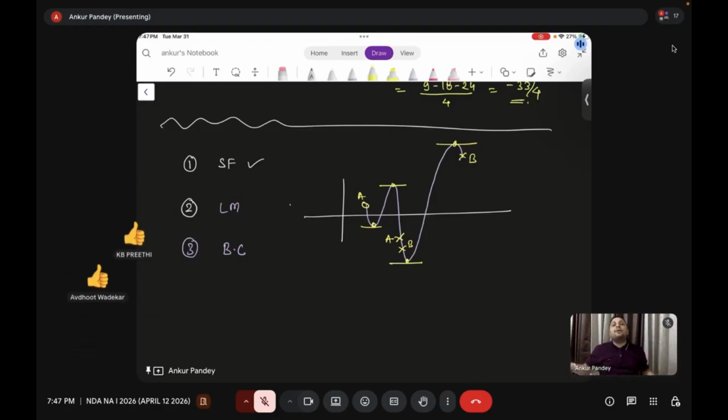Suppose this is P1, this is P2, this is Q1 and this is Q2. Critical points are P1, P2, Q1, Q2. All four are critical points. At P1 and P2 double derivative will come as negative.